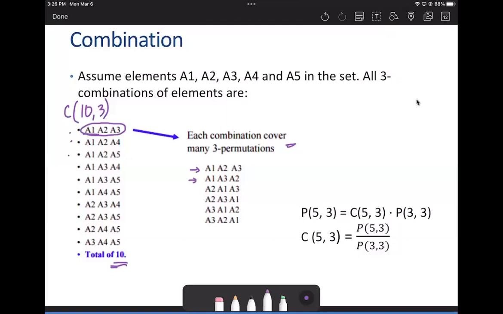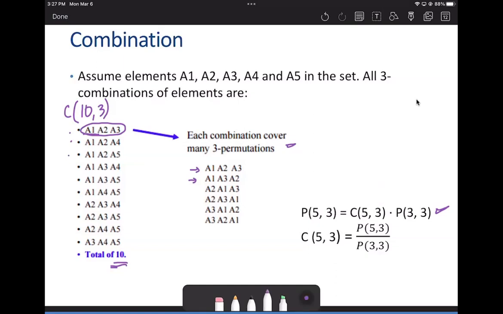In other words, all possible arrangements of a set containing A1, A2, and A3. Earlier, we had this formula of permutation, wherein the permutation of 5 taken R is equivalent to the combination of 5 taken R times the permutation of 3 taken R. From here, we can actually compute for the combination by just using simple math.